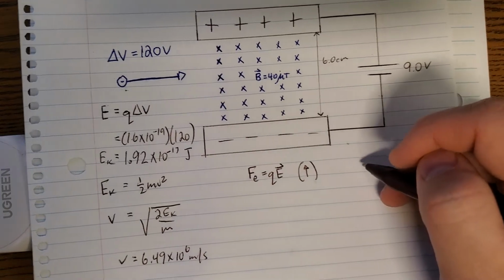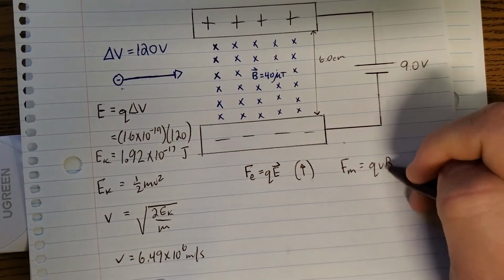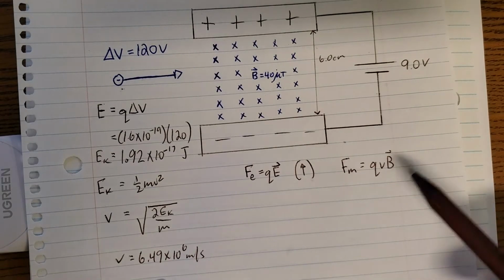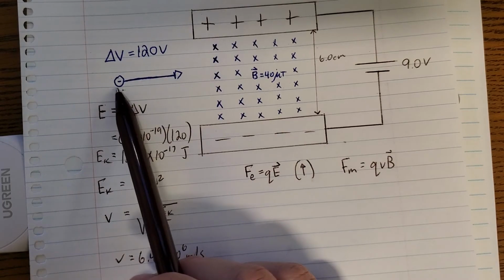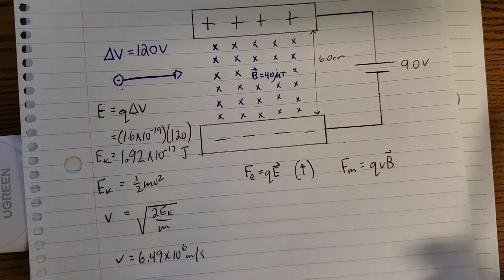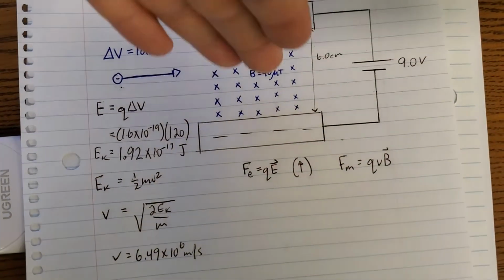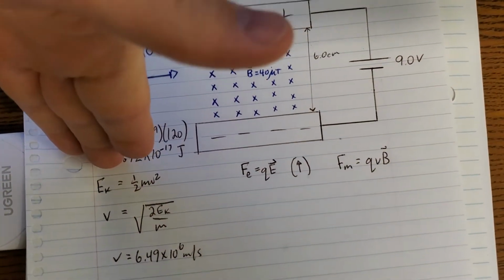All right, the magnetic force, which is QVB, well, this is where we need our hand rule. Okay, so electron means we gotta use our left hand, thumb to the right, fingers into the page. I don't know how well this will show up. Oh, terribly. Okay, so something like this.